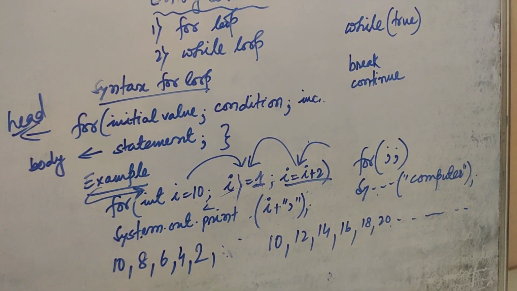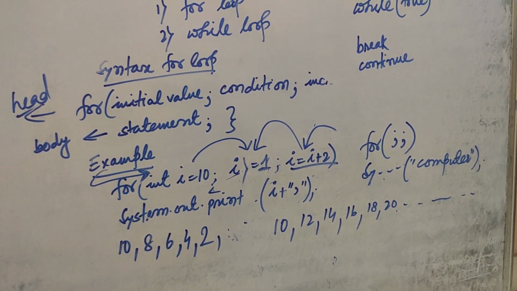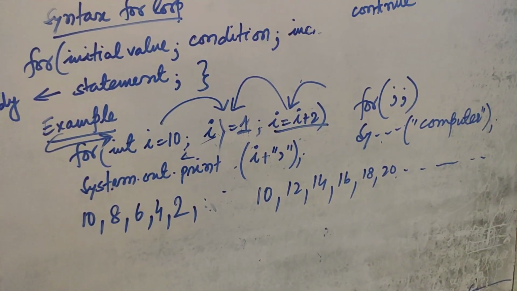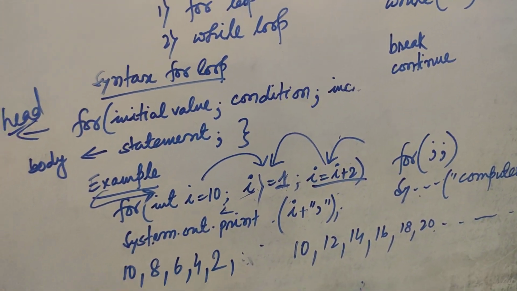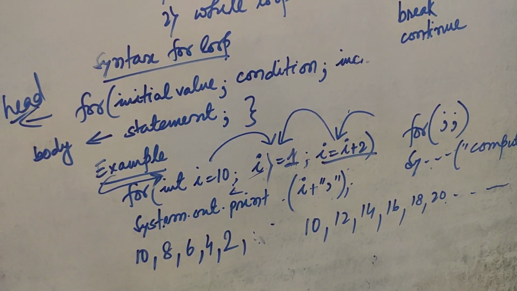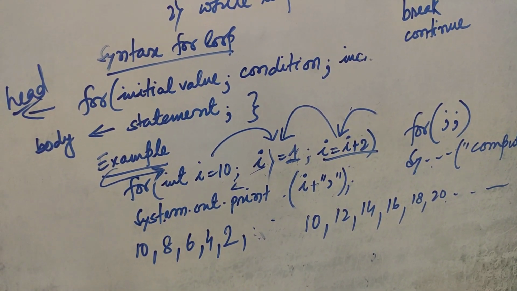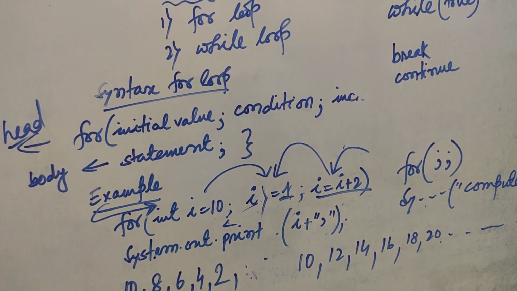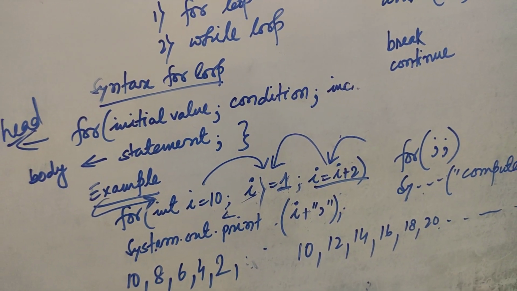So in the loop you can solve any kind of series program. You can display maybe all prime numbers, maybe you display the factorial value of a number, then you can write programs like magic number, automorphic number, and all such special numbers.